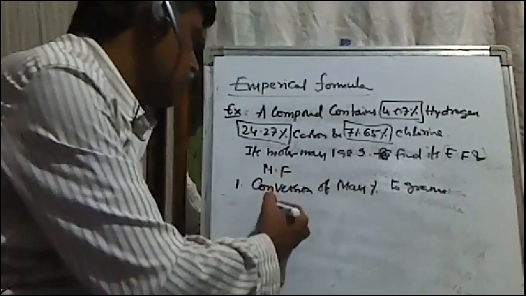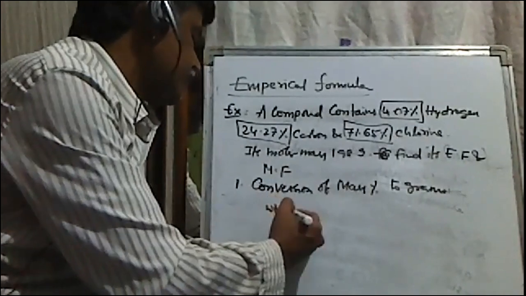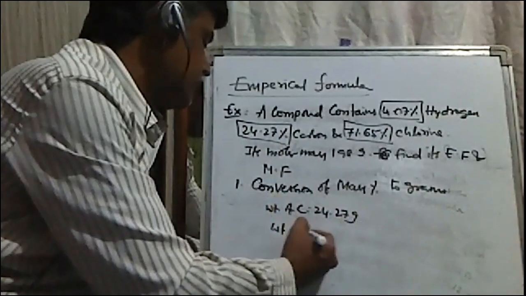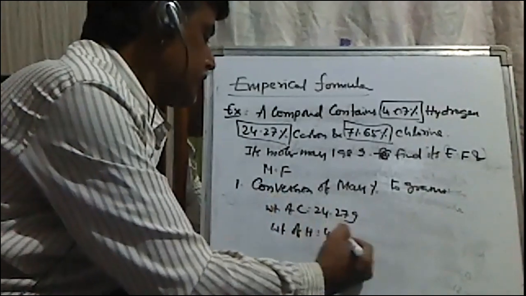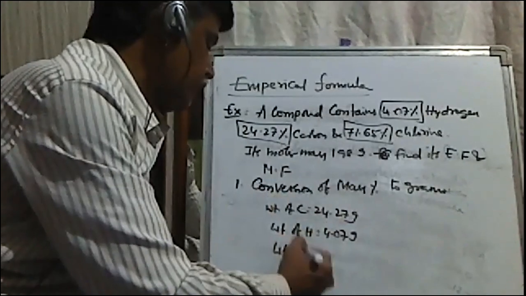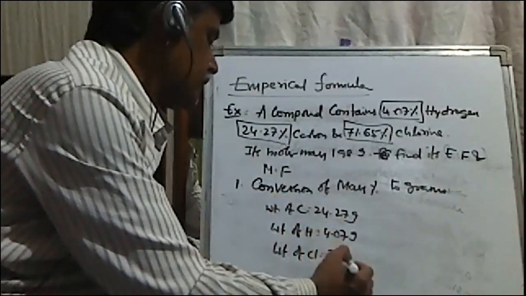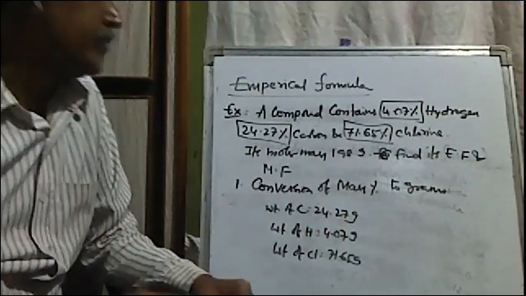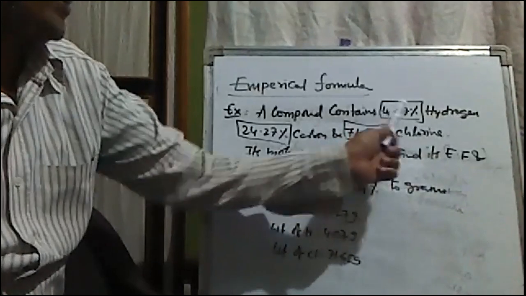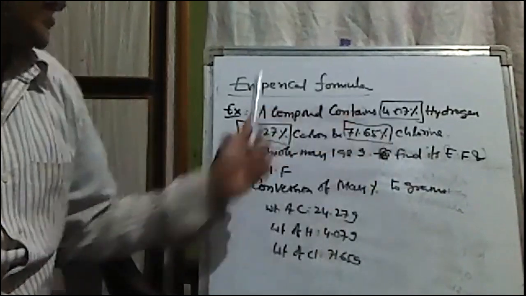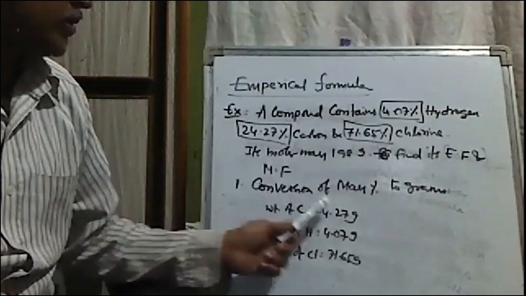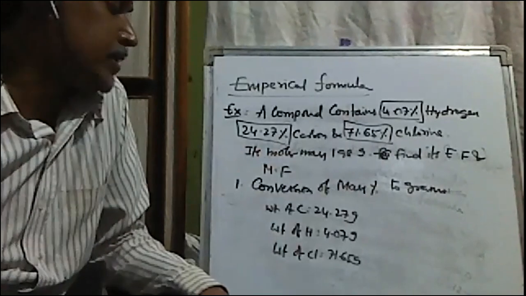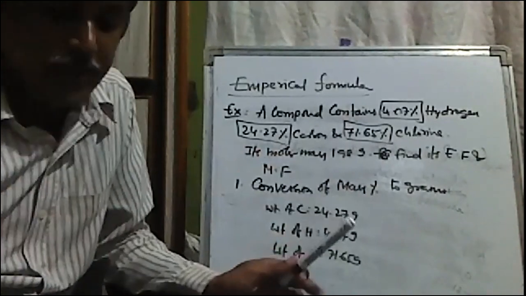Now, the weight of carbon is 24.27 grams. The weight of hydrogen is 4.07 grams. The weight of chlorine is 71.65 grams. This means 100 grams of compound contains 4.07 grams of hydrogen, 24.27 grams of carbon, and 71.65 grams of chlorine.